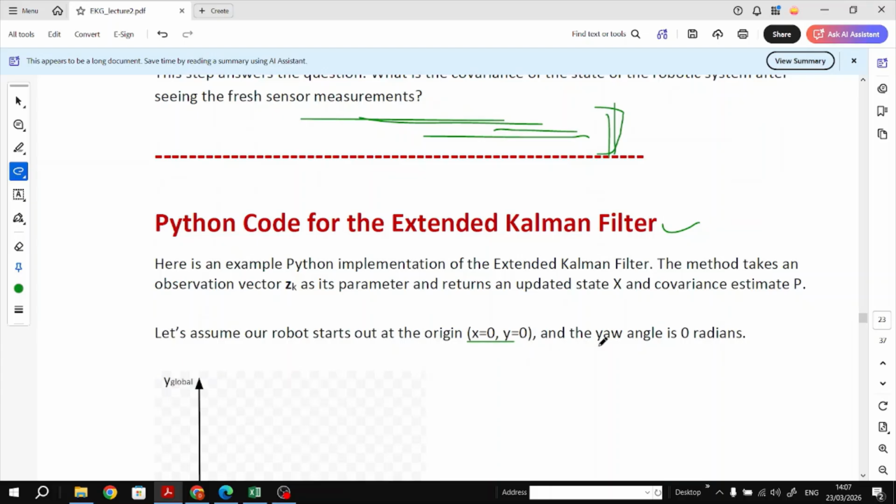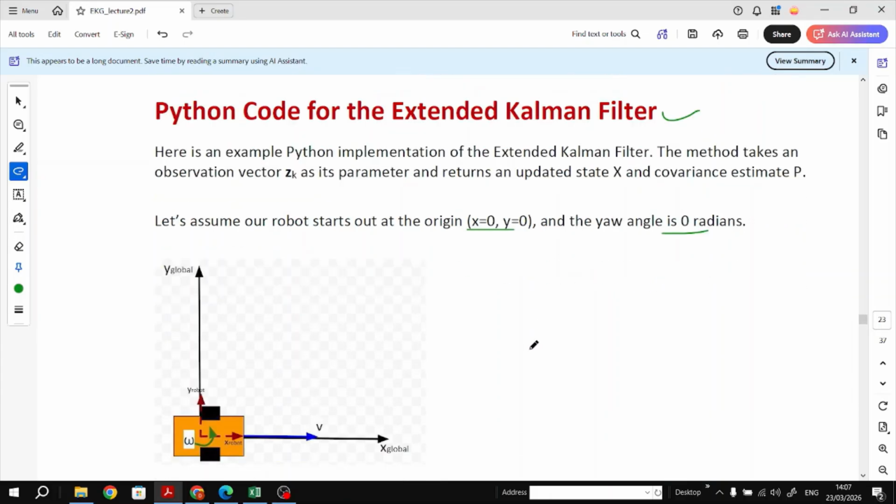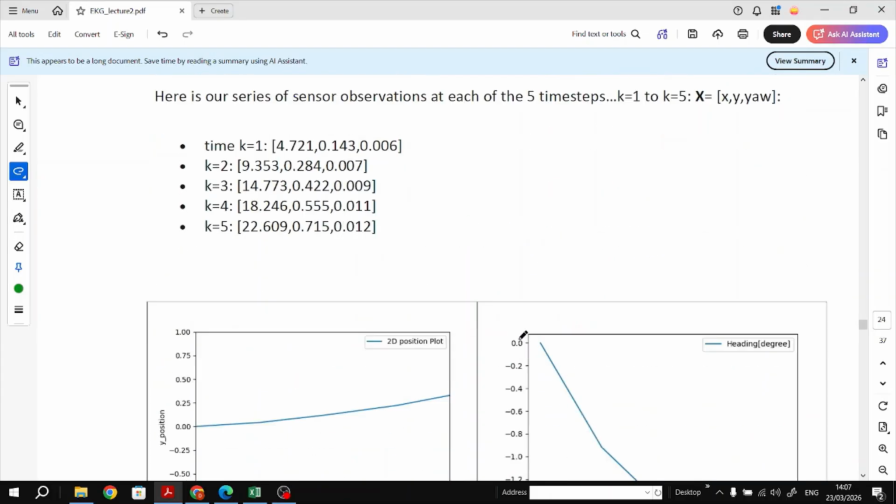For example, initialize a state vector of 0, 0, and then you get the sensor measurements at 5 time steps. These are the measurements of your sensor. You can incorporate these measurements in your prediction, and then you update your state.